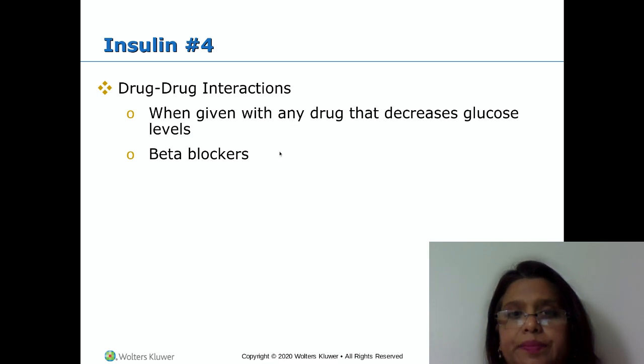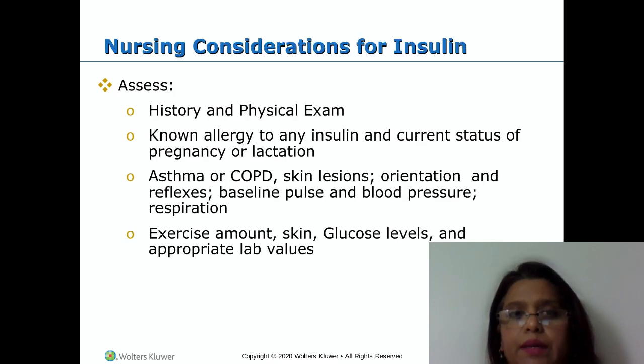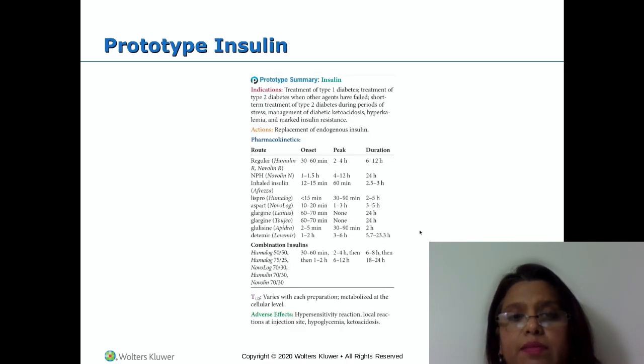We check for that. Whenever we give insulin, we want to make sure that they are not having any asthma, COPD, skin lesions, or we check for vital signs and their neurostatus, whether they're alert and oriented. What is their baseline blood sugar checks?